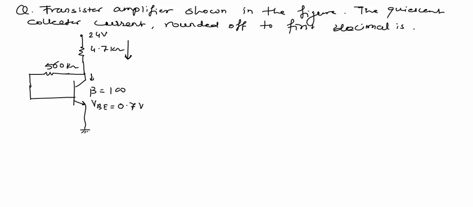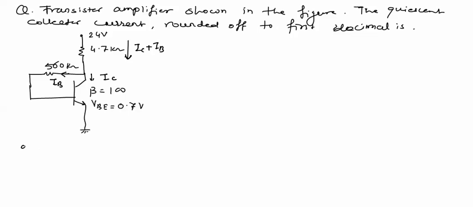One will flow in the collector terminal of the transistor, which is called collector current IC, and one will go in the base terminal, which is called base current IB. So this current is the addition of IC and IB.